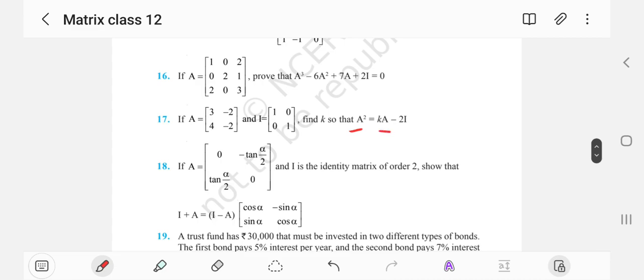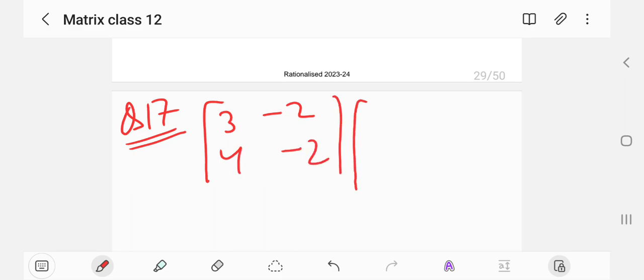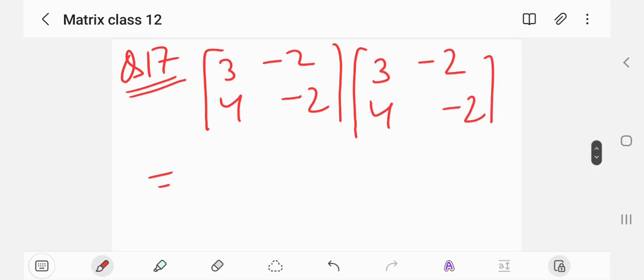Again, part by part we will solve each component and then put it in the equation. A square, what is my A square? My A matrix is 3, minus 2, 4, minus 2. I have to find A square, so I will write again 3, minus 2, 4, minus 2. What will I get after multiplication? I get 9 minus 8, which gives me 1.